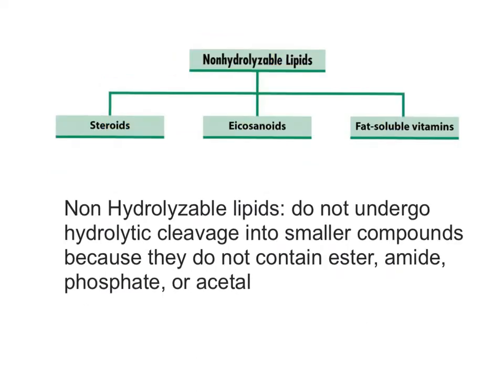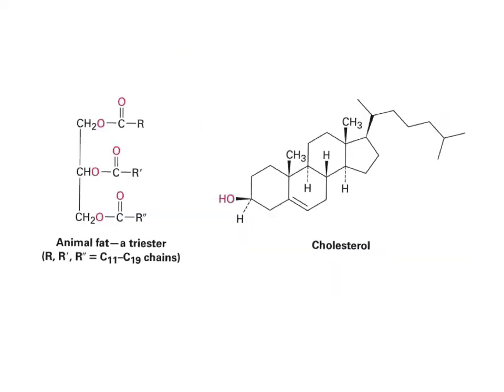In a sphingolipid, we can hydrolyze amide bonds to produce a free amine and a carboxylic acid. Among the non-hydrolyzable lipids, we find steroids, prostaglandins, and some vitamins. These cannot be hydrolyzed because they do not contain an ester, an amide, or a phosphoester, and they cannot release a free fatty acid. For example, animal fat contains 3 ester bonds.